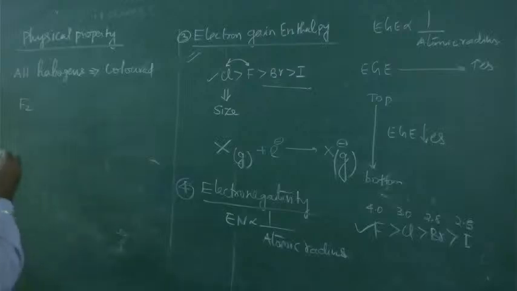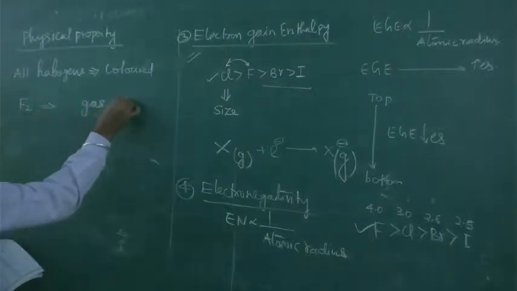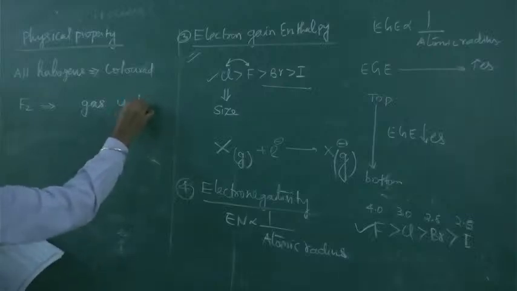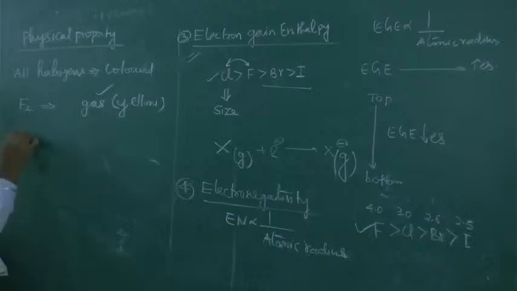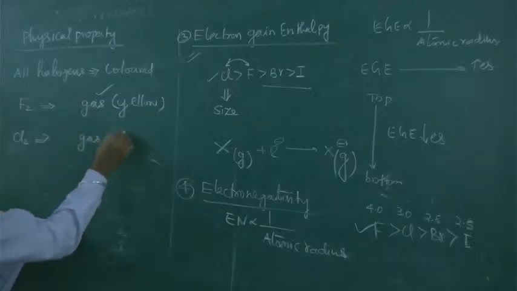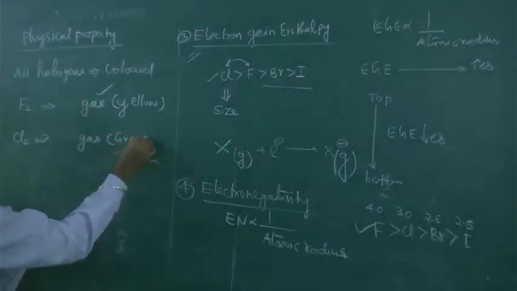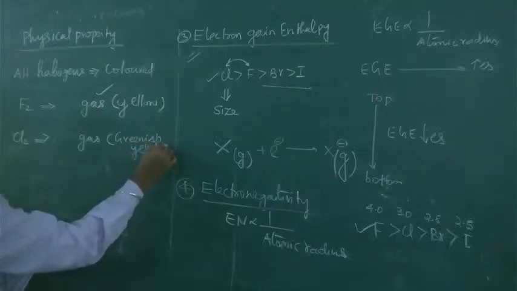So fluorine is a gas, and the color is going to be yellow. Cl2 is also going to be a gas, and the color is greenish yellow. Is it clear?